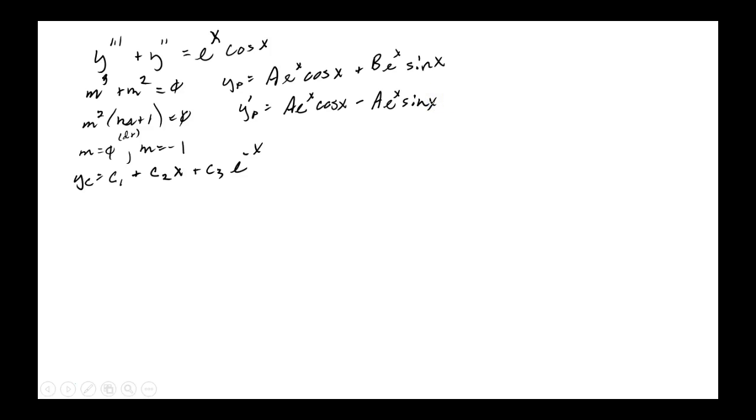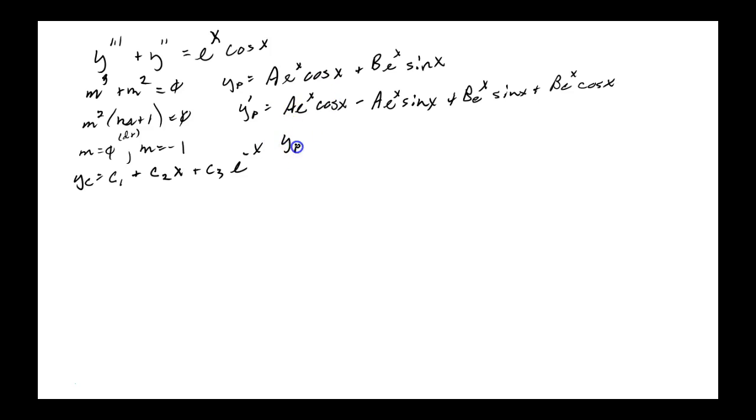Okay. Now let's do the same thing for the second one, and that'll be a plus b e to the x sine x plus b e to the x cosine x. Okay. Nothing here that you can really combine, so let's just proceed.